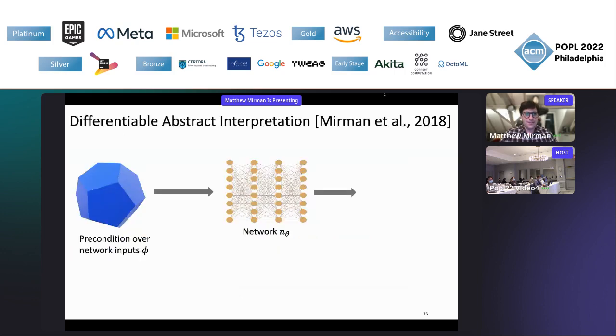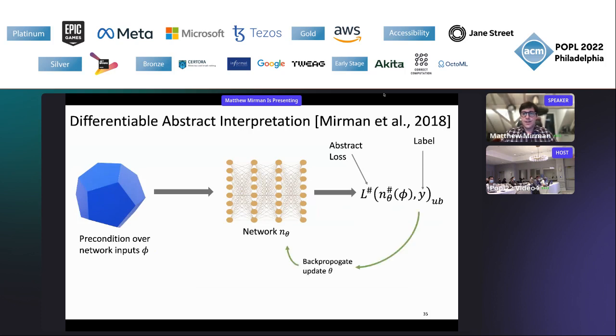So the pipeline for differentiable abstract interpretation, where we use abstract interpretation during training, is we first create a precondition over the network inputs, phi again, we pass it to a network N parameterized over its weight set theta, and then we compute an abstract loss on the abstract output of the network on the precondition, and we take its upper bound and we optimize for its upper bound decreasing.